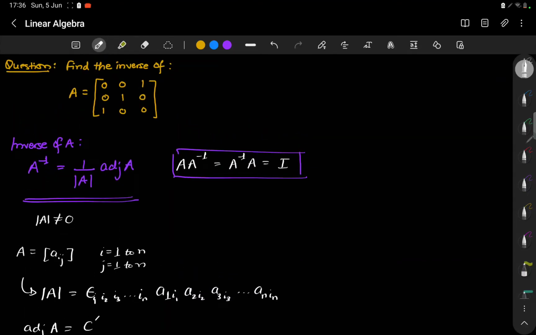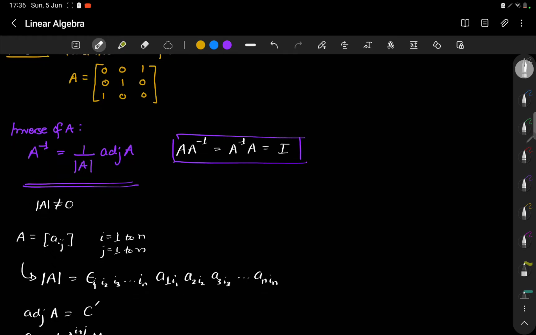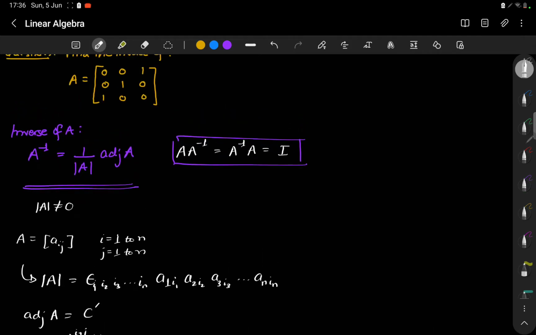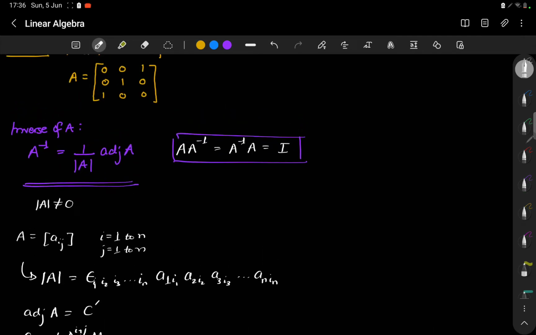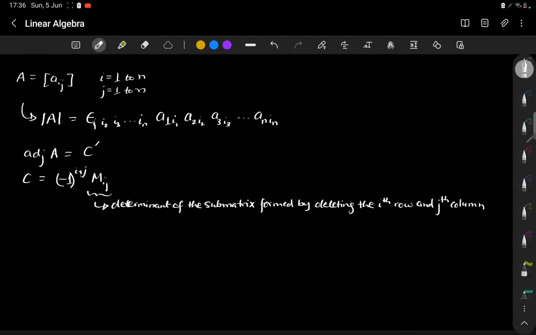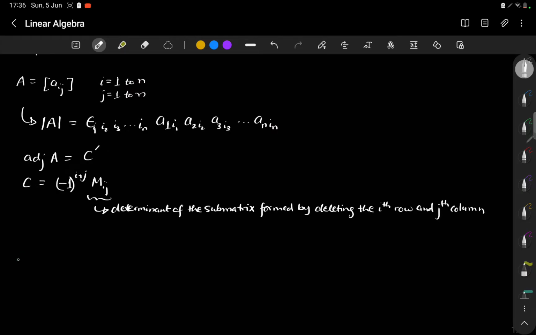Let us now apply it to this question that we have, then things will become much more clear. So this is our given matrix, we need to find the inverse of it. So let us solve it. We are given A as follows.